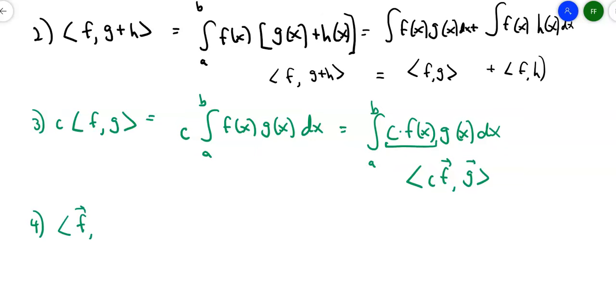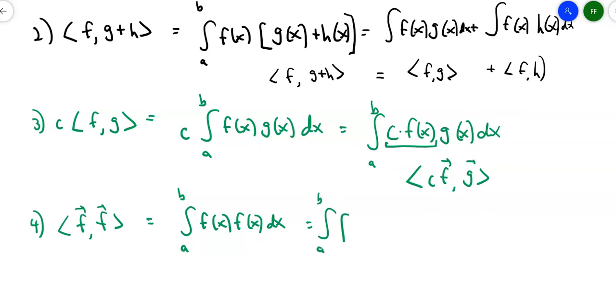The fourth thing is I need to know that the inner product of a vector with itself is greater than or equal to 0. See if that works. So the integral from a to b of f of x times f of x is the integral from a to b of f of x squared. So yes, this has to be greater than or equal to 0.